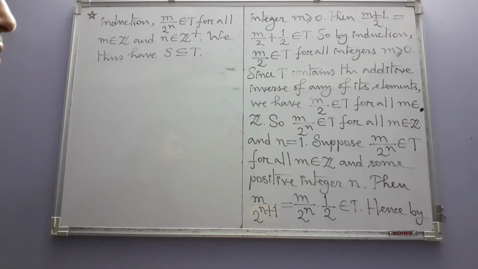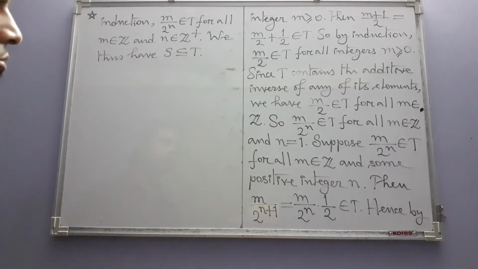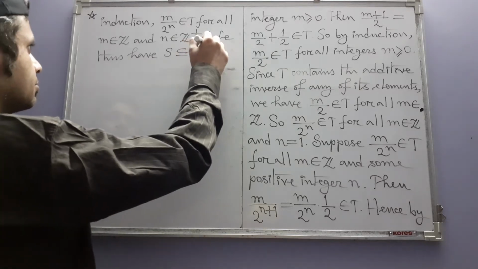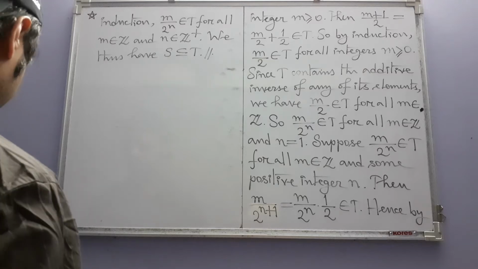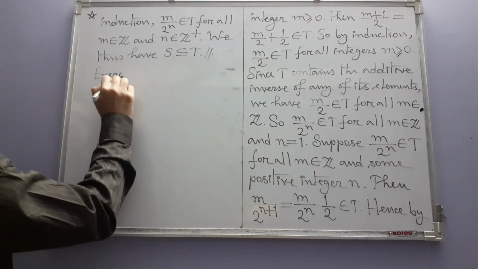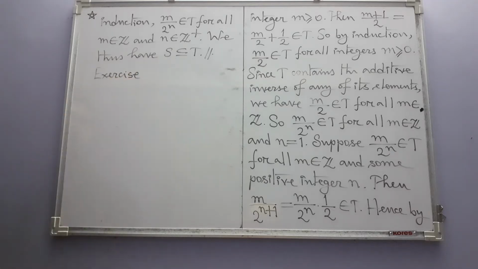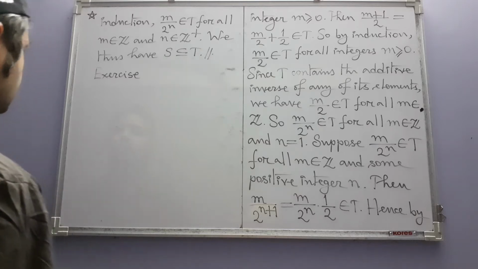So in that sense, S is the smallest subring of Q containing 1 over 2. And there is a similar one. The next exercise is similar. Here in place of 1 over 2 we have 2 over 3.